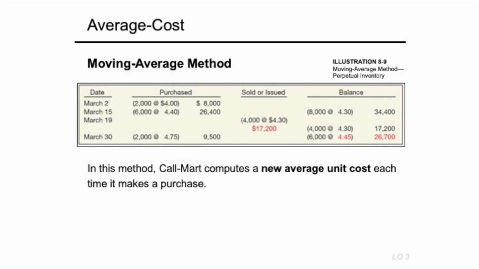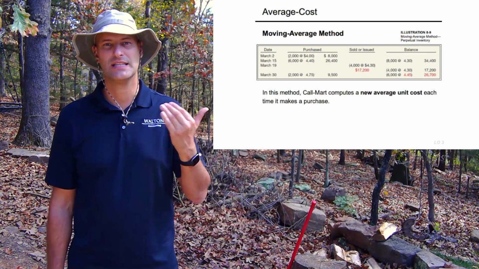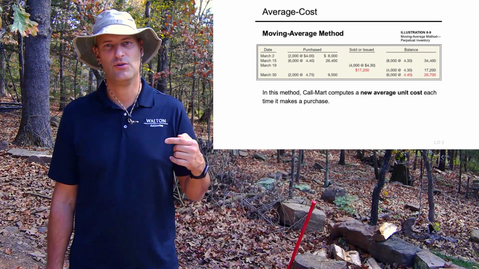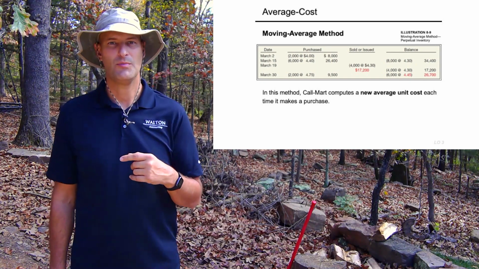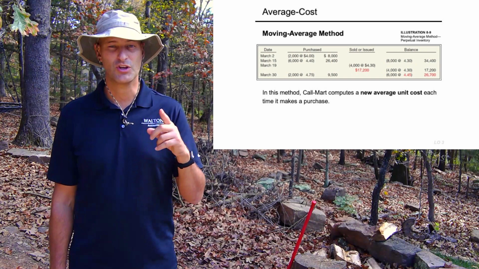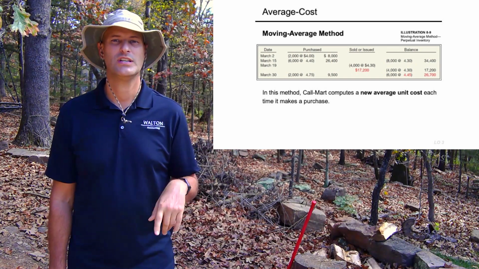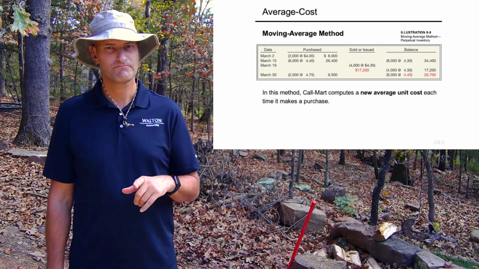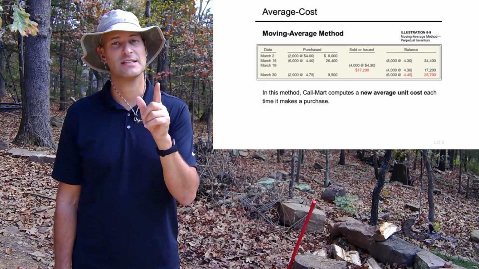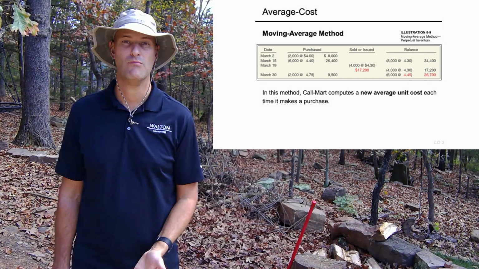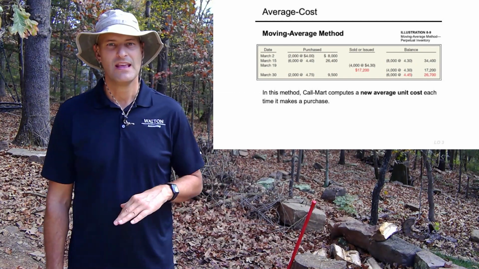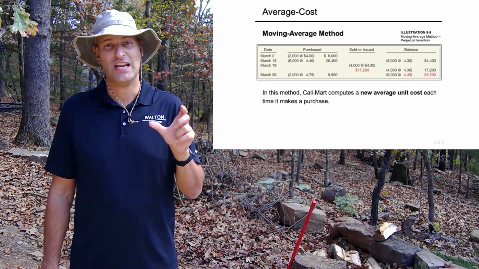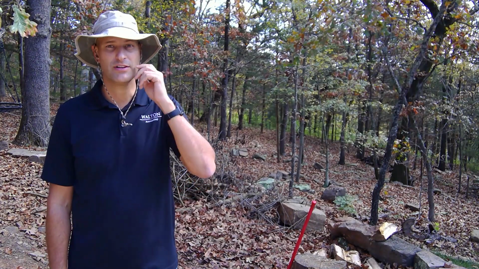So in that case, we need to figure out, well, what's the average cost at the time of the sale, which is actually $4.30. We multiply that times the items sold, which gives us a cost of goods sold, which is different than if we do it under the periodic system at the end of the month after we've bought more items. So that is how that changes, whether we're using the periodic or the perpetual system.